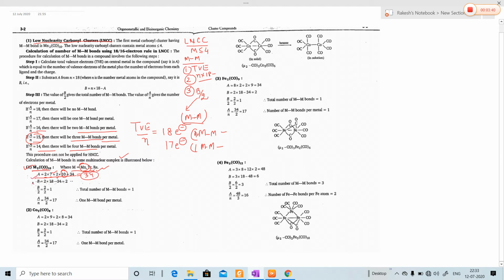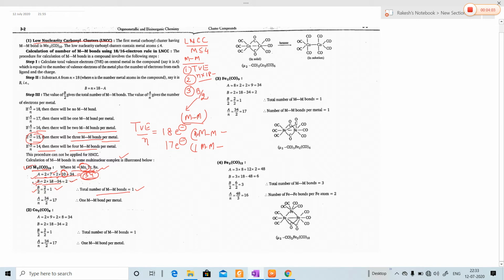In the second step, we have subtracted this 34 from the term 2 into 18, which is equal to 2. The third step, this B term is divided by 2 will give rise to the total number of metal-metal bonds in the molecule.